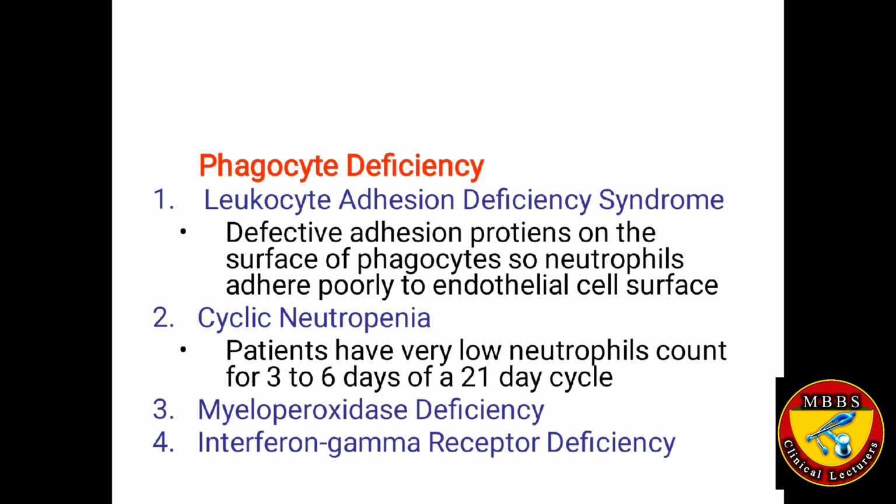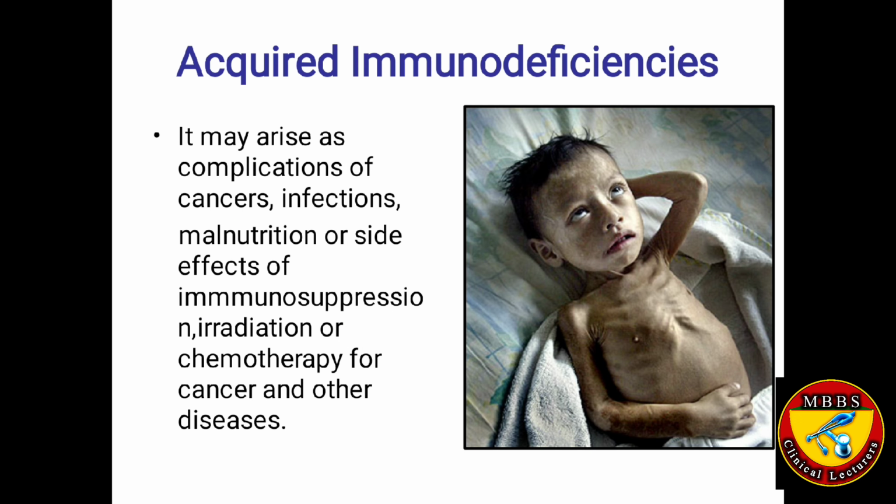Acquired immunodeficiencies are also known as secondary immunodeficiencies. The causes are HIV, human immunodeficiency virus infection, in which depletion of the CD4 helper T cells occurs, and other causes are radiation and chemotherapy used for the treatment of cancers or lymphomas.